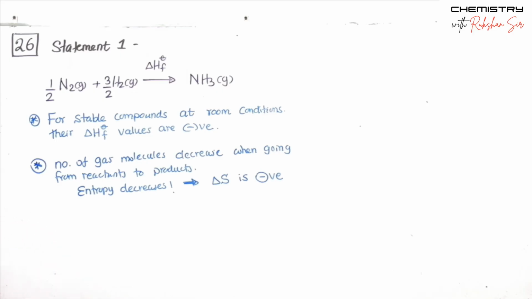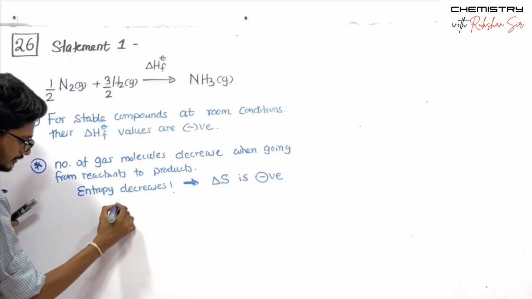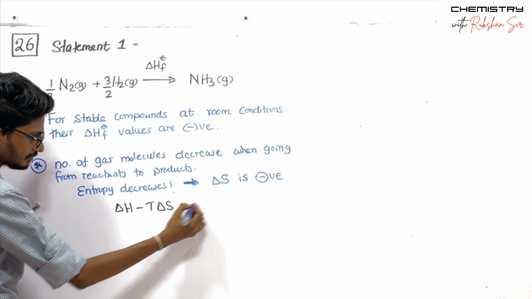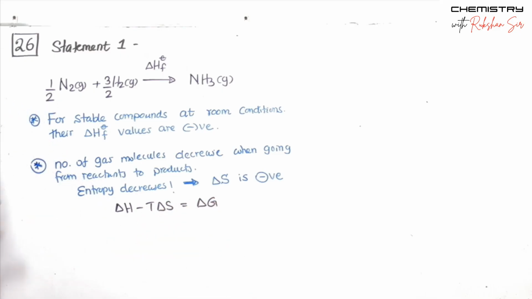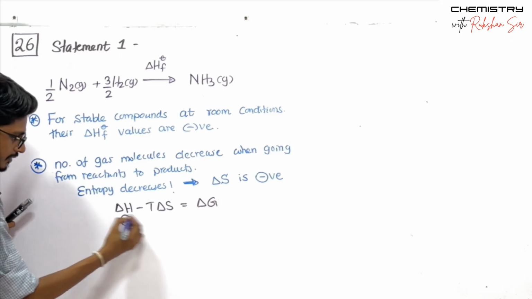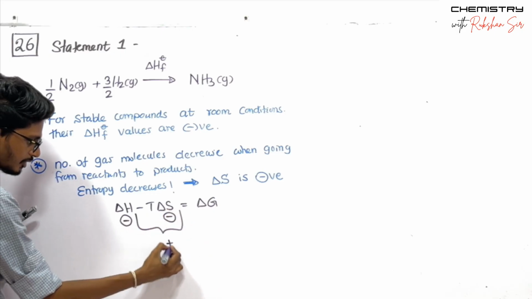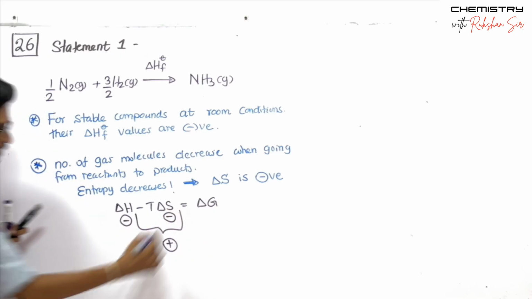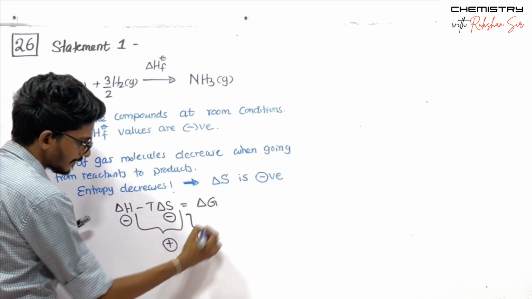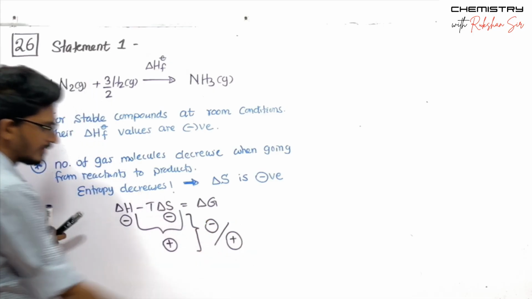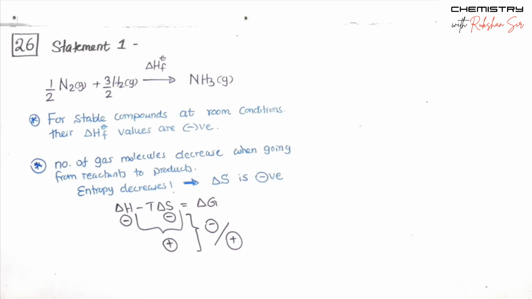So let's apply those things to the delta G expression. Delta H is negative, and minus T delta S is positive. So delta G could be negative or positive, depending on temperature.